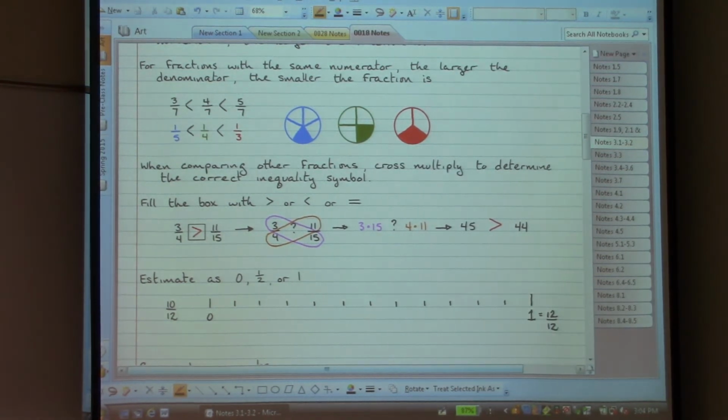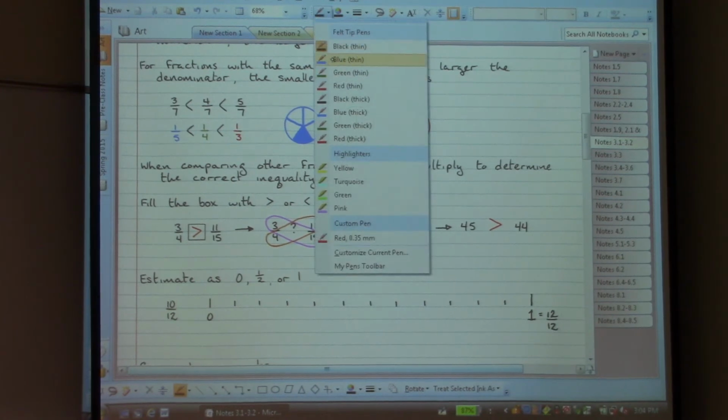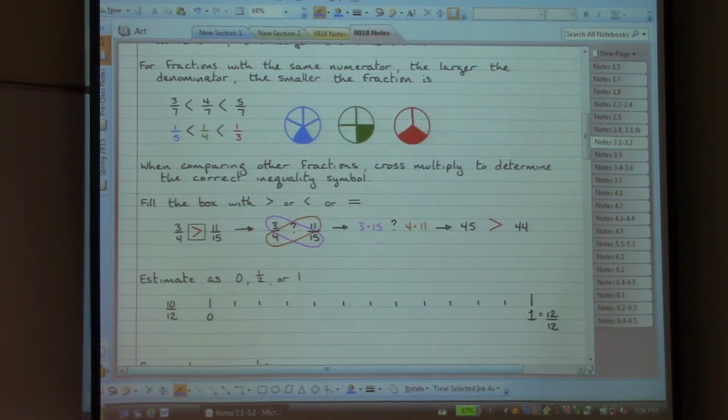We want to know where the halfway mark is, and the halfway mark would be right in the middle, where we have six over 12.